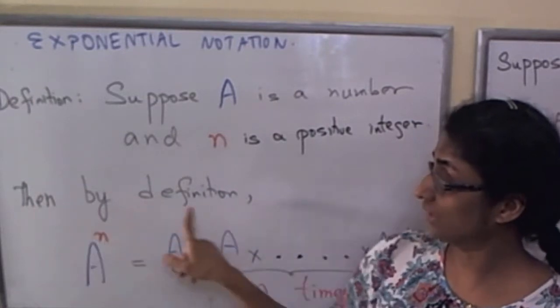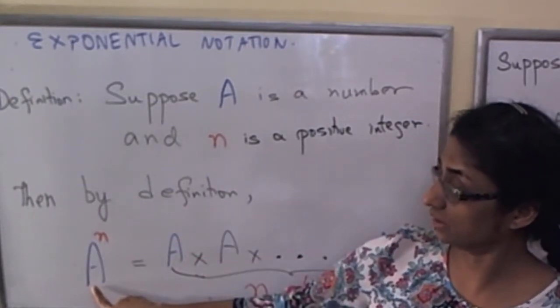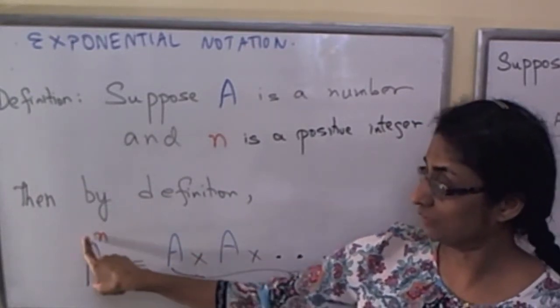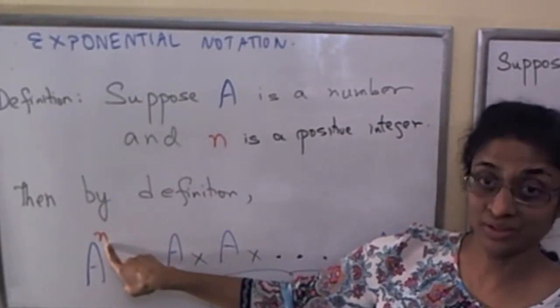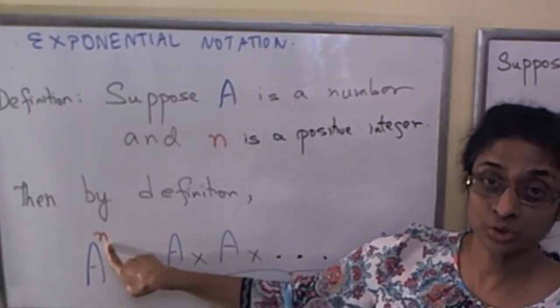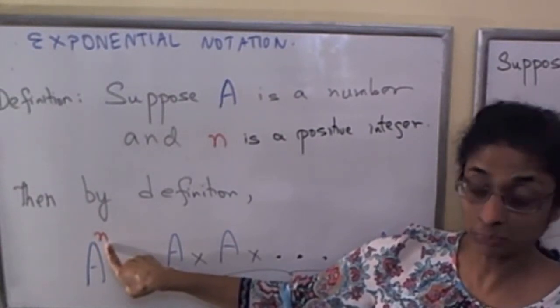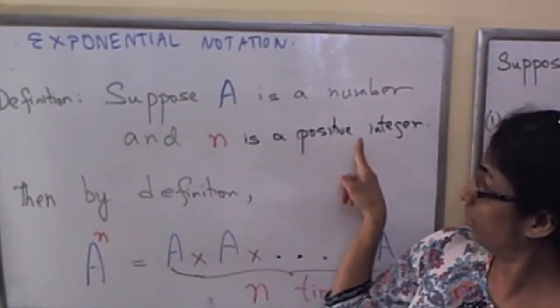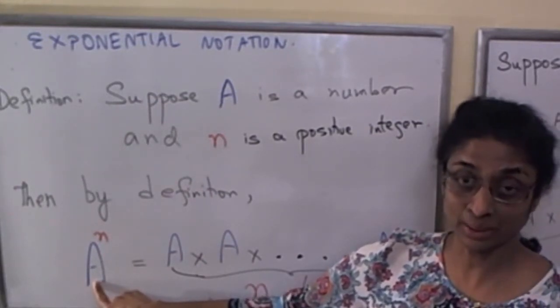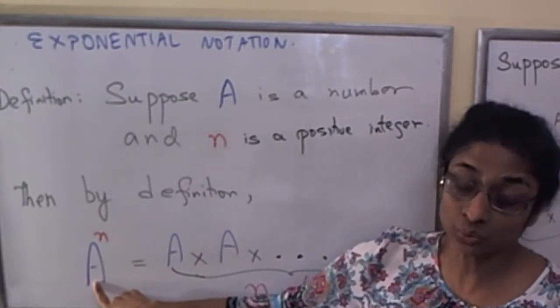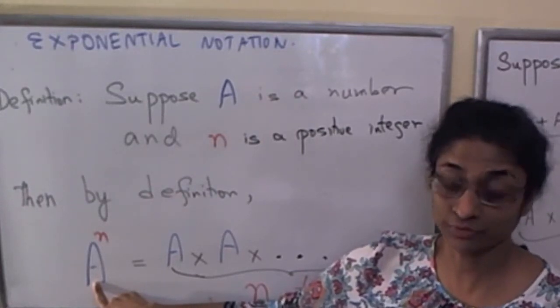By definition, whenever we write A to the n, the exponent is a positive integer, either a 1 or a 2 or a 3 or a 4, you get the picture. The base number is any number, most likely for you either a whole number or a fraction.